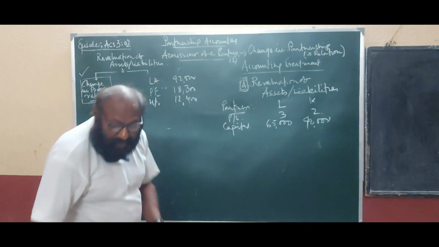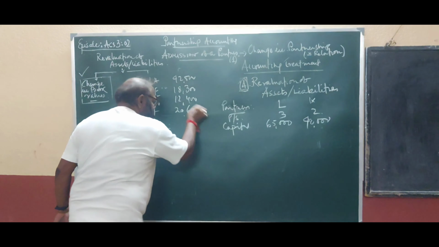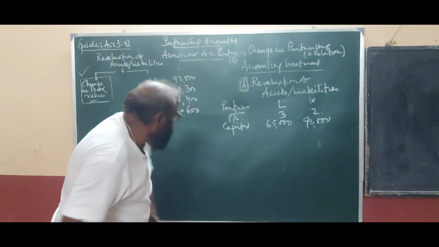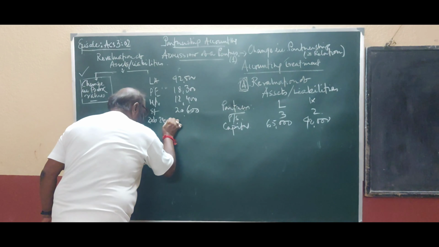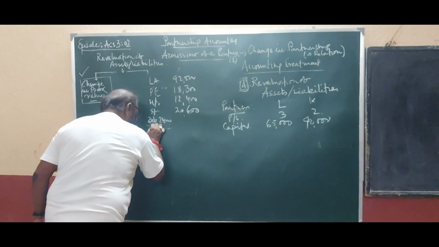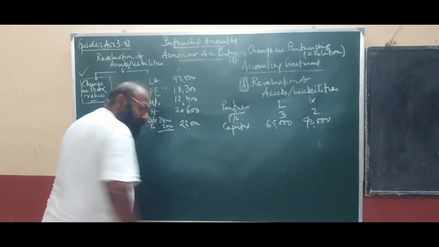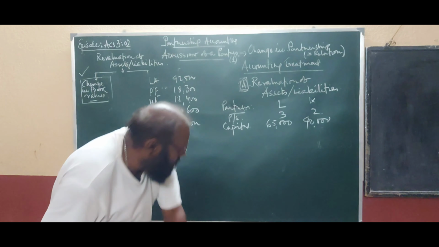And stock 20,600. And debtors 24,000, provision 2,000, so it is 22,000, clear. And bank balance is 6,000.